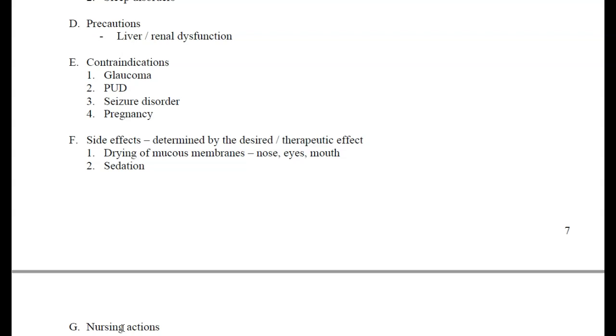And then PUD or peptic ulcer disease. H2 antagonists are used for this. We have seizure disorder as another contraindication because it increases the risk for seizure depending on the active ingredient in the medication that we're using. And it's also contraindicated in pregnancy.